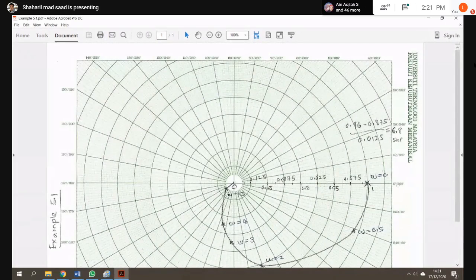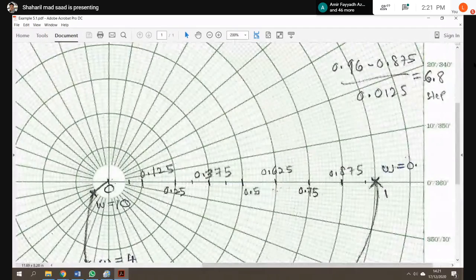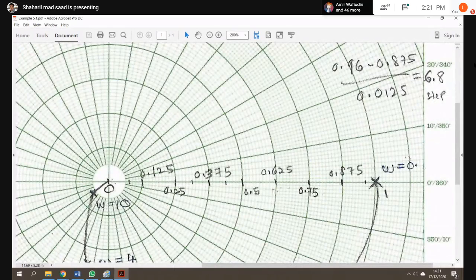In this polar plot, there is a 0 degree and then it will increase 10 degree, 20, 30. And there is a line from this major tick to the next one, and it will be divided by 10.